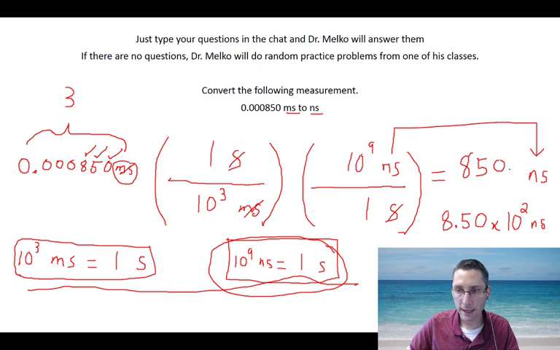You can also add a decimal point here. I don't usually like to do this because it gets confusing, but if I put a decimal point right here, now this 850 is significant just because of that decimal point. I can't write anything after the decimal point because then those zeros would also be significant.